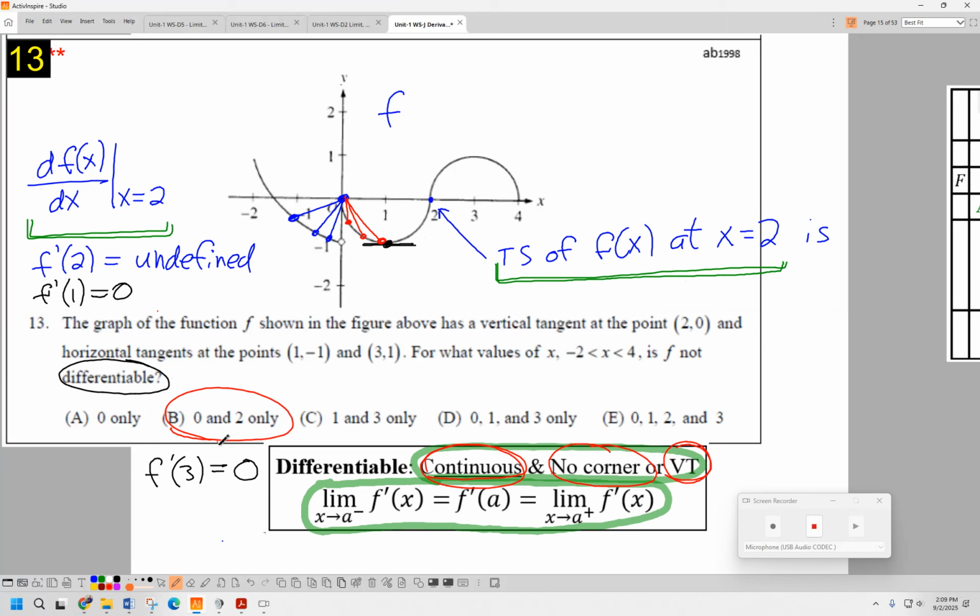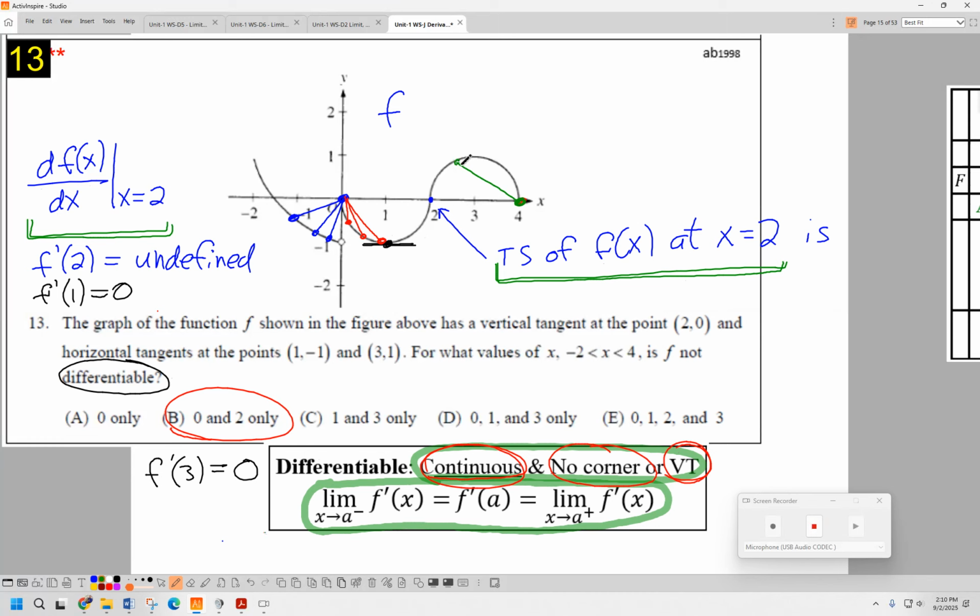Please, Cora. Why not 4? If I try to find the slope at x equals 4, here's my problem. I can draw a secant to the left in blue. Green, I guess I'll have to do.